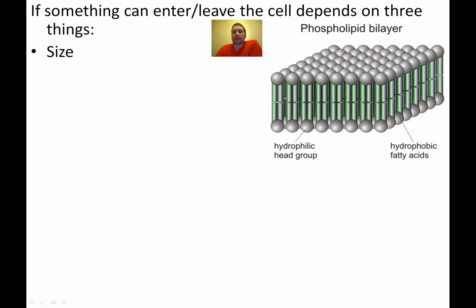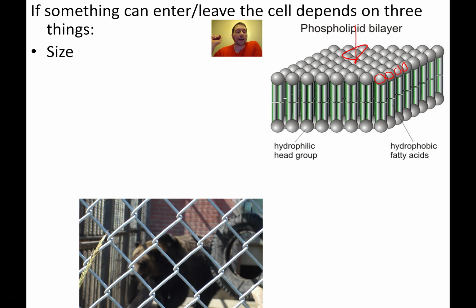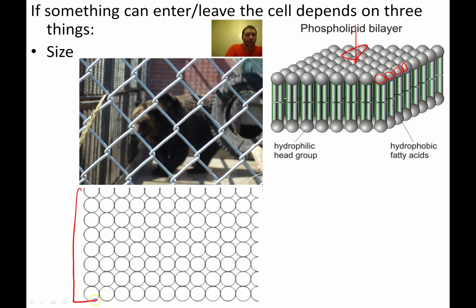Now, the cell membrane is made out of phospholipids, and the tops of the phospholipids are circles. That plays a huge role, because if you look at the phospholipid bilayer this way, looking down on the phosphate heads, you're going to see a bunch of circles lined up.